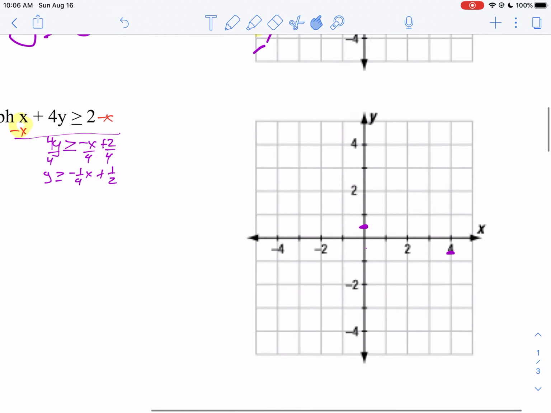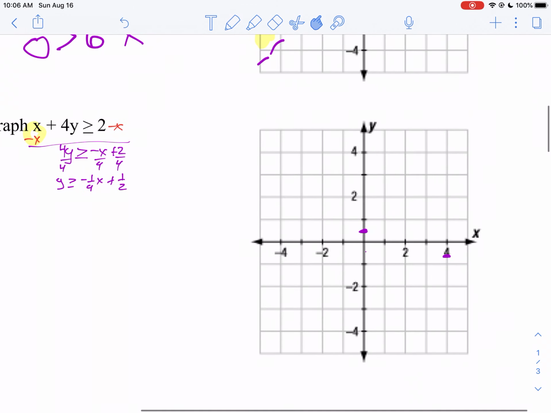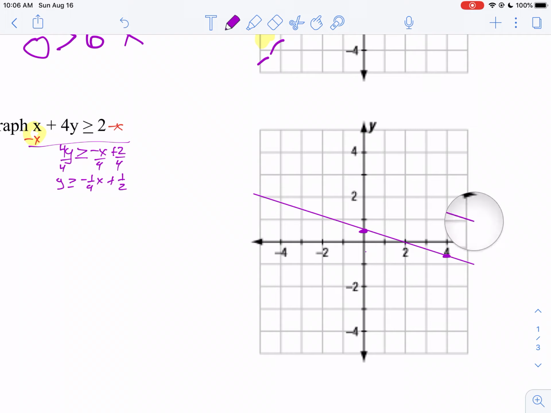Since your inequality has a line under it, we're going to put a solid line going through those points. We're going to have a closed half plane, in other words. We're going to shade above the line because it's greater than.